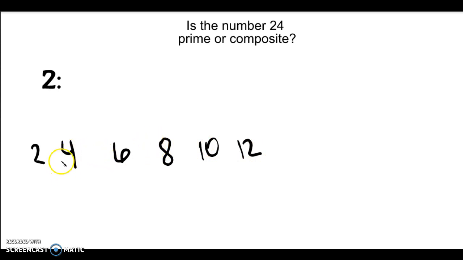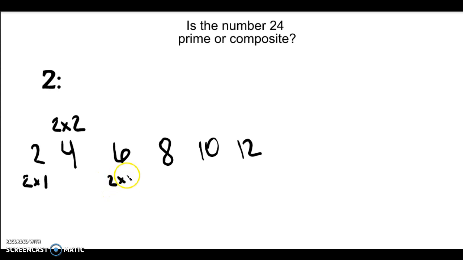An important thing to know about skip counting is that skip counting is multiplication, right? 2 is the first number we say. So 2 times 1 is 2. Well, 4 is the second number we say. So 2 times 2 is 4. 6 is the third number we say.